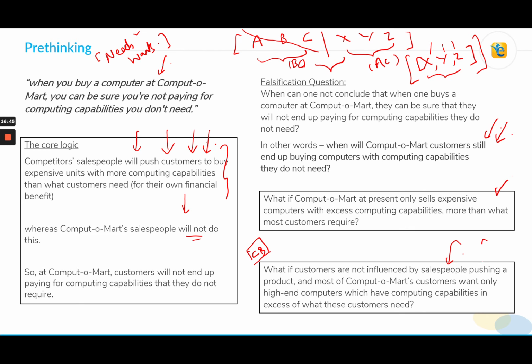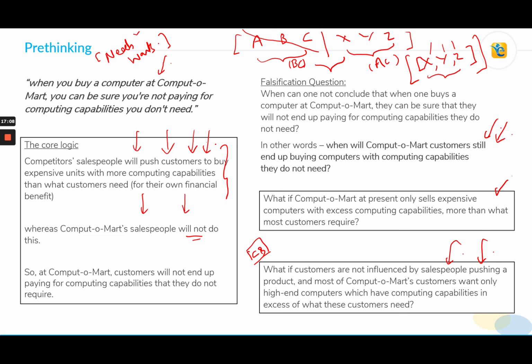What that means here is, irrespective of the salesman pushing or not pushing, or irrespective of this entire logic that's being used to make this conclusion, I as a customer may still prefer to buy high-end computer models like X, Y, or Z, which have computing capabilities beyond what I require, and I may not actually require it, but I may still want it.